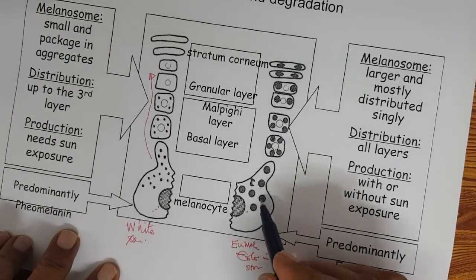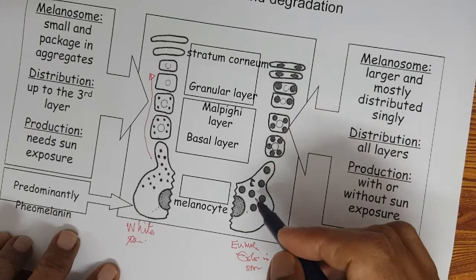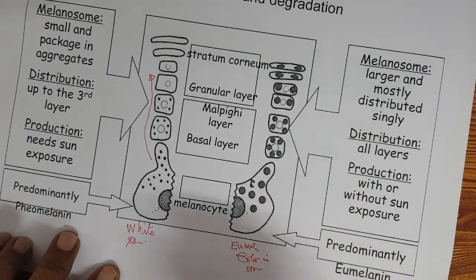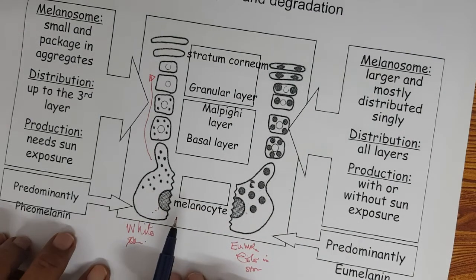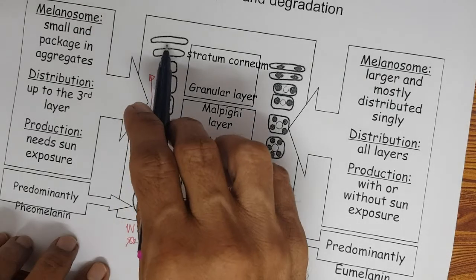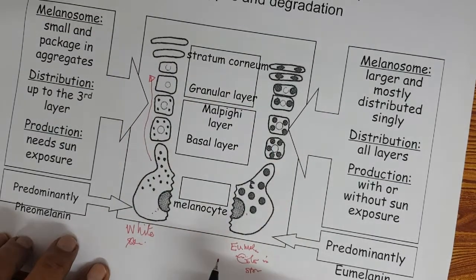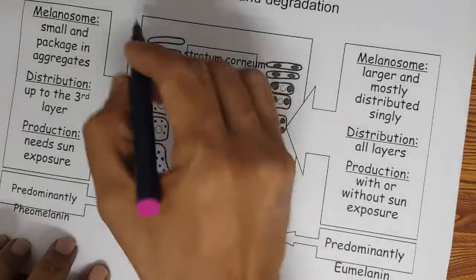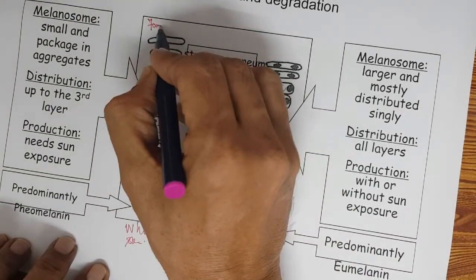Even if it comes to the upper layer of the cell, the black color is retained in eumelanin. In pheomelanin, the color is not retained. So even before it comes to the upper layers of the skin, it degrades. That is why this is mostly in fair-skinned people.